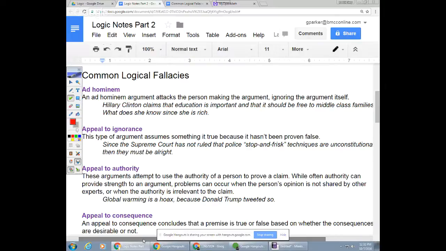Okay, that's not a logical argument. Is Donald Trump an expert in the science of global warming? Oh, no. So I can't use him as an expert to say that's why I believe it's a hoax. I can say that all I want, but there's no foundation to me saying it. So some authority, doesn't matter what that authority is. That's the idea of appeal to authority. So that's common.